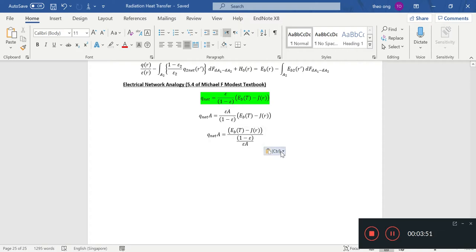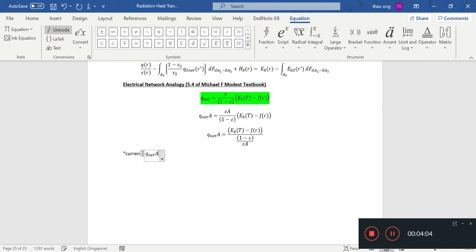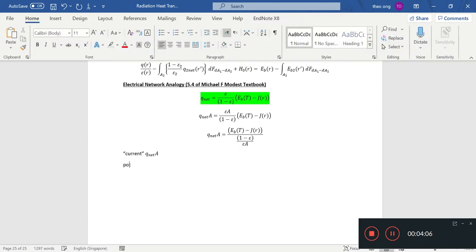So if we were to rearrange the equation like this, we will see some sort of similarity. Let's say the current was Q net A, the potential difference equals whatever is on top, and then the resistance will be equal to whatever this thing is at the bottom.